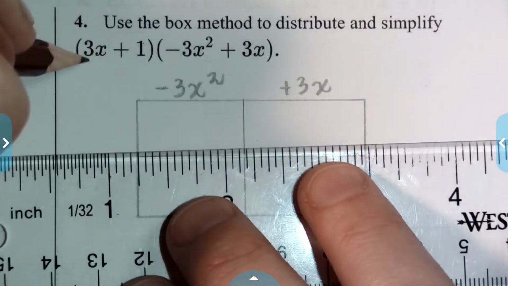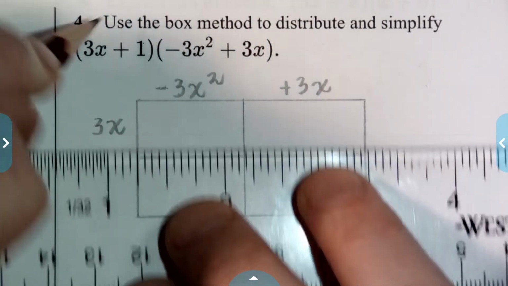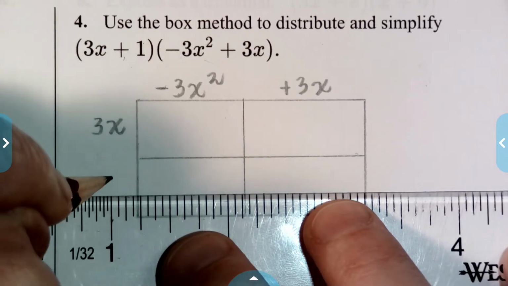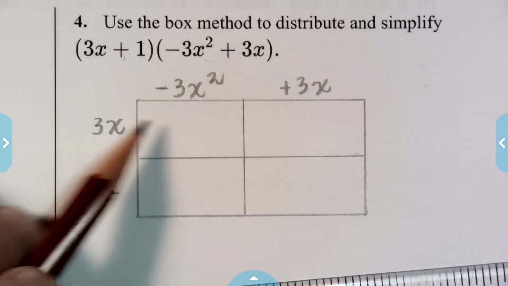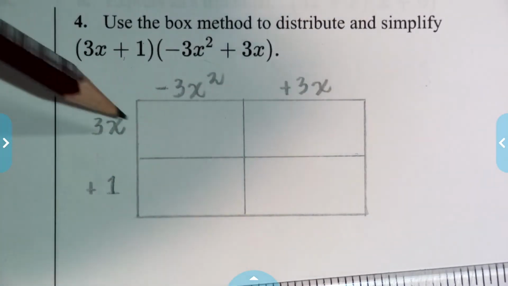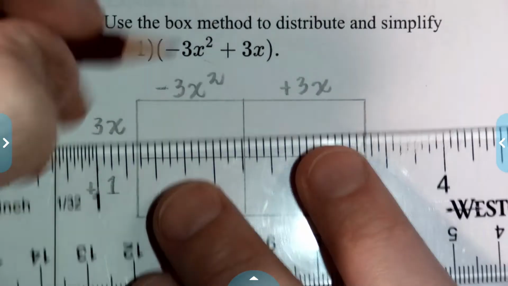And then here, I'm going to put 3x. And here, I'm going to put plus 1. All right, so now it's time to multiply. So in this box, this is the hardest box. First, we multiply the numbers. 3 times negative 3 is negative 9.